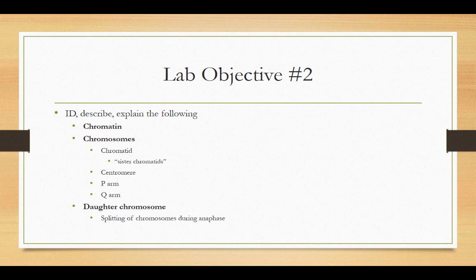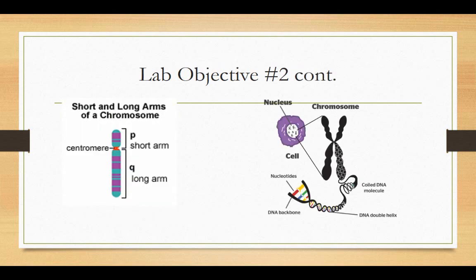And so if we just look at chromosomes, there are several different parts of it that you need to be familiar with, and hopefully this is just a recap from General A&P. But if we go over to this picture here on the next slide, you're going to see the cell there and the nucleus in the middle, and we've expanded one of those chromosomes.